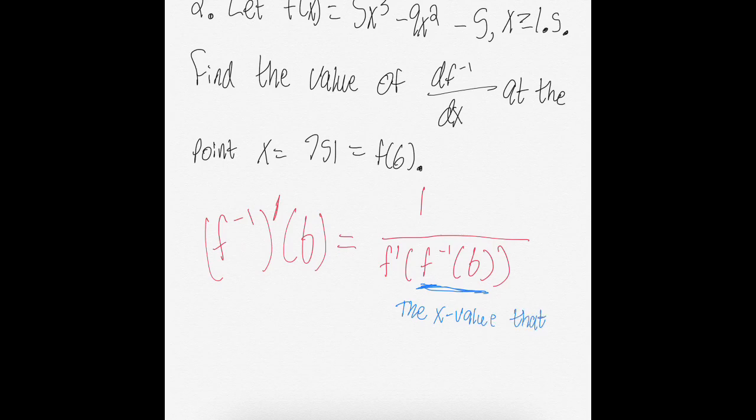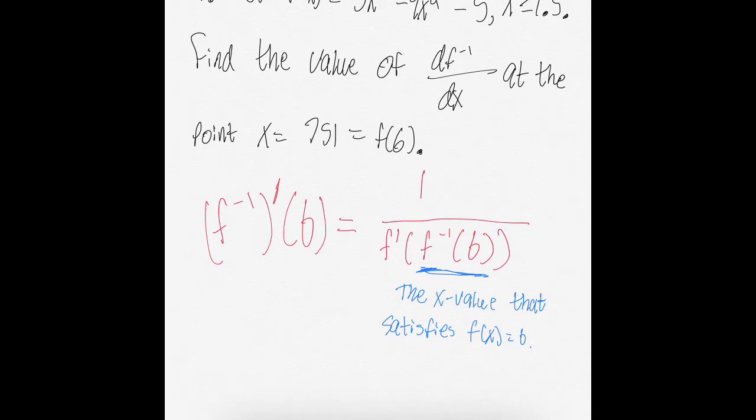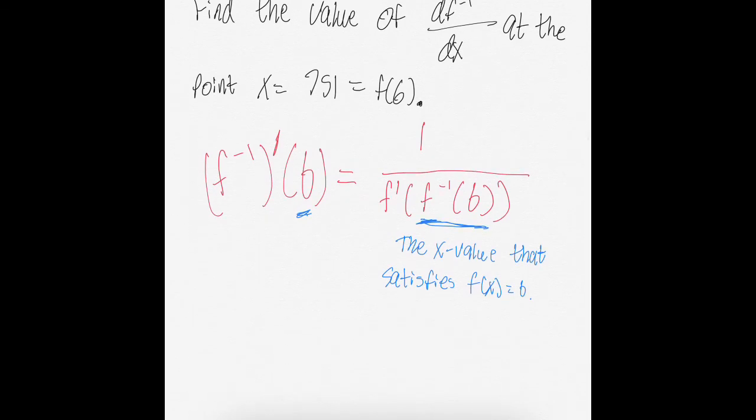In other words, this is going to be the x value that satisfies f of x equals b. Notice that on the left-hand side we have f inverse prime of b, and on the right-hand side we're plugging in something slightly different. So we'll see how that comes in here as well.